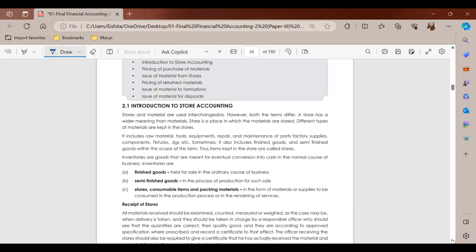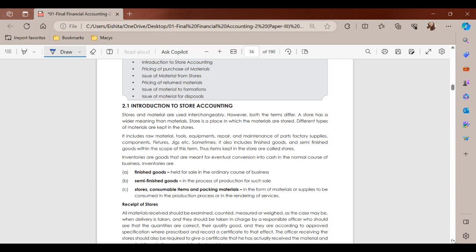For example, finished goods of Hero Honda will be Hero Honda motorcycles which are manufactured by the company. Then semi-finished goods: motorcycles which are not yet finished. Maybe the engine is pending, or some material is pending in the process of production for such sale.